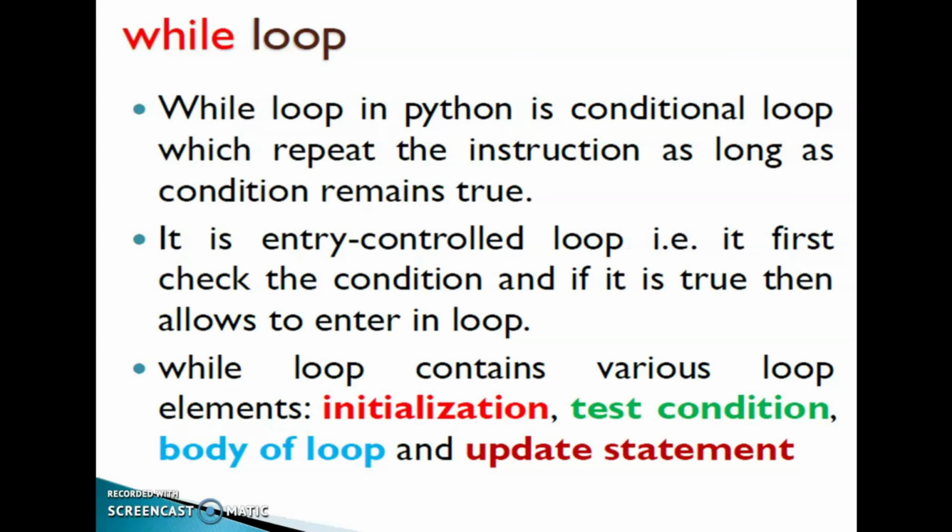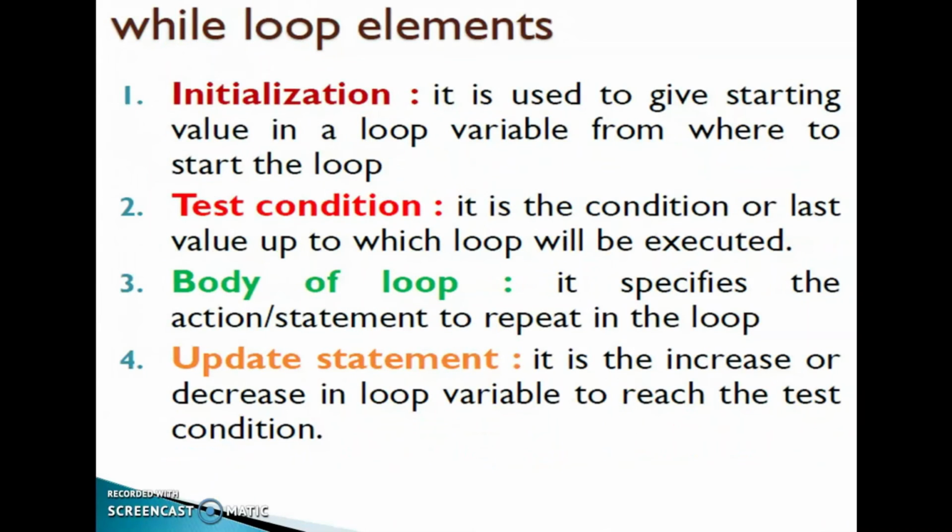While loop contains various loop elements: initialization, test condition, body of the loop, and update statement. Initialization is used to give the starting value to a loop variable, from where to start the loop.